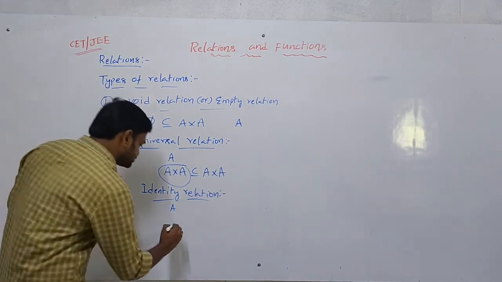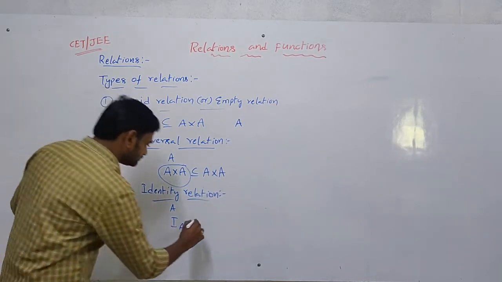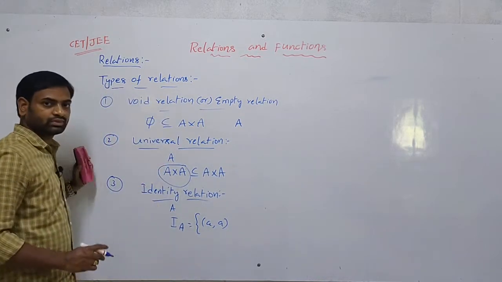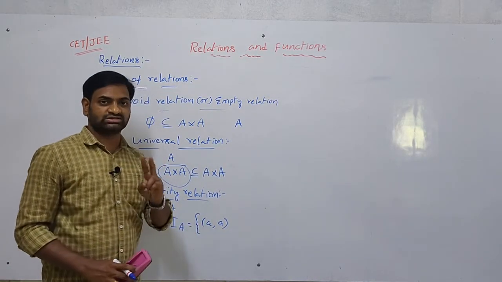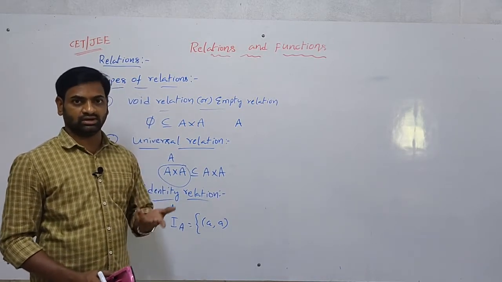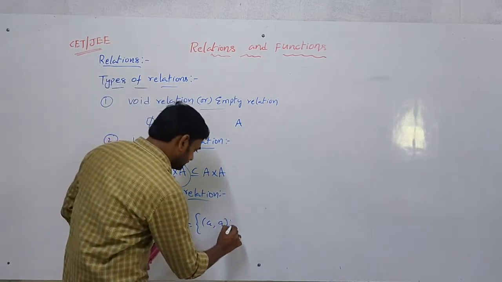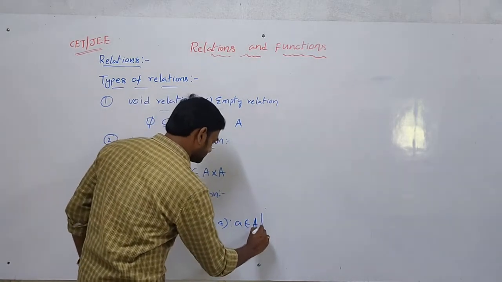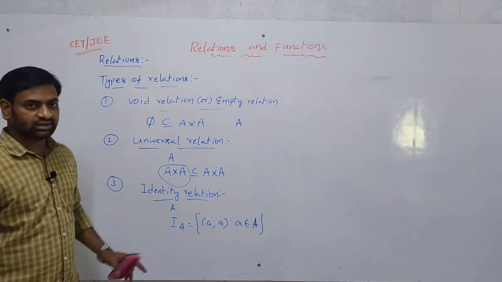Now the identity relation is I_A equal to the ordered pairs (a, a). In the ordered pair, the first element and second element are compulsorily the same: (b, b), (c, c), (d, d), (1, 1), (2, 2) like that, such that a belongs to which set? A only.